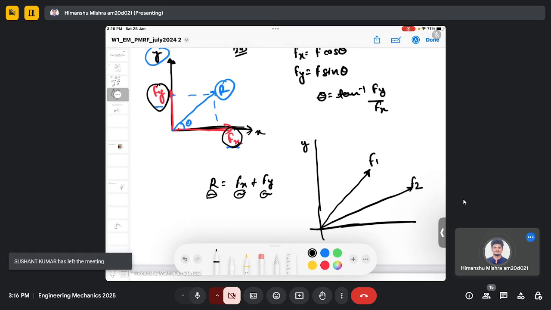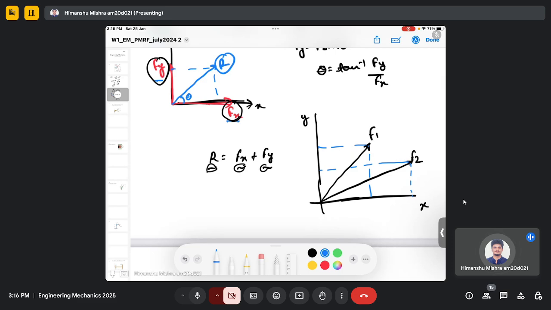This is Y, this is X. You are given two forces F1 and F2, and then you can find the component of F1 along the X and Y directions, and similarly you can do this for F2.